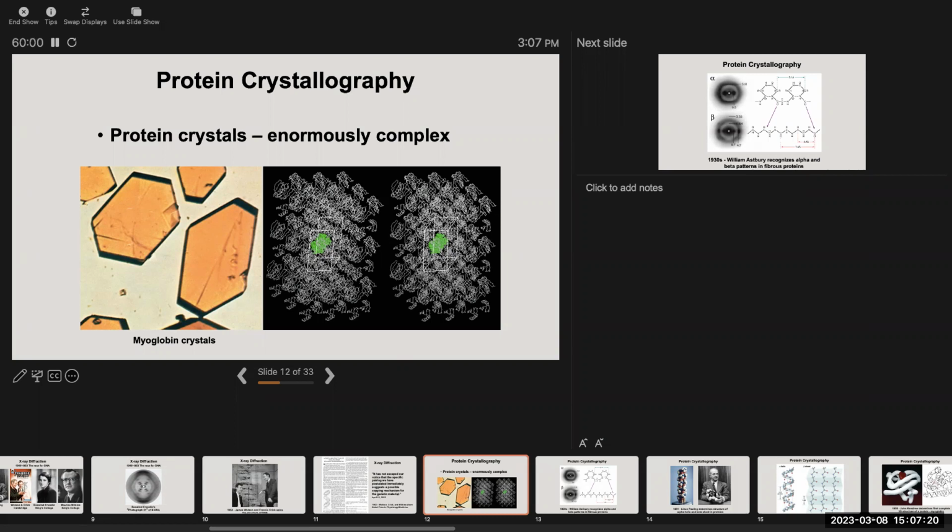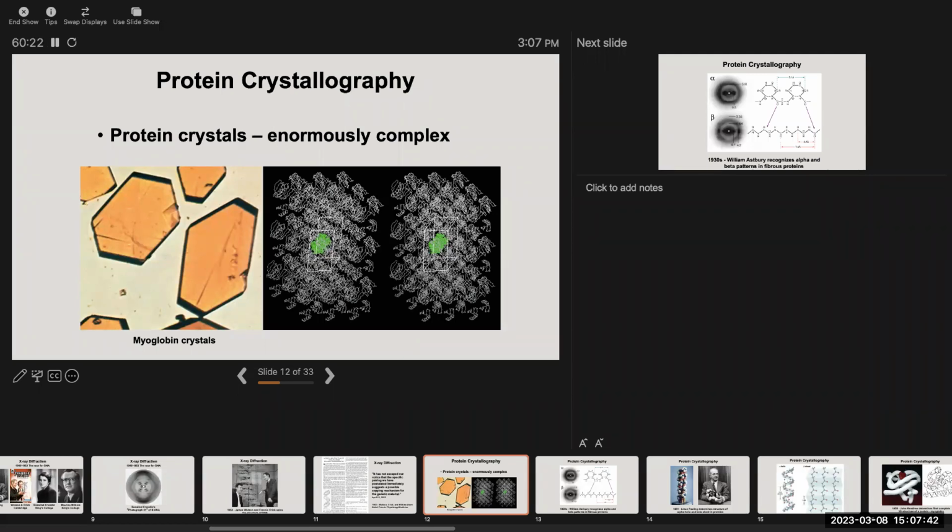But then the other thing is that the protein itself is enormously complicated. As I said before, some proteins have thousands of amino acids, and each amino acid itself has a dozen or 20 plus atoms in it. So you're talking about, in some cases, maybe tens of thousands of atoms.